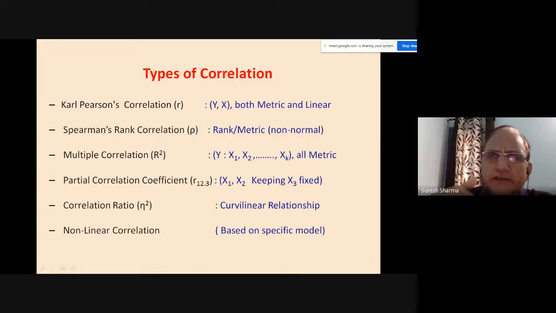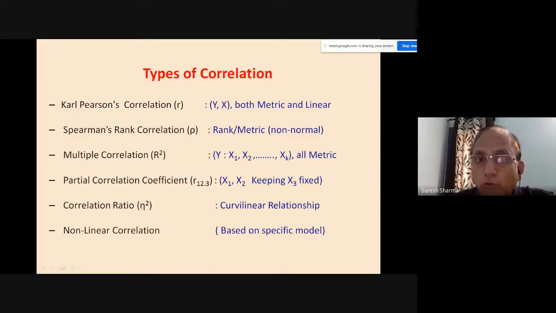And if the shape of the histogram of x or y is not symmetrical, then obviously it's non-normal data. Even when y and x follow non-normal data, it's not advisable to compute Karl-Pearson. Let me just repeat: it's not advisable to compute Karl-Pearson, even if y and x are measurable quantities, but they are non-normal.